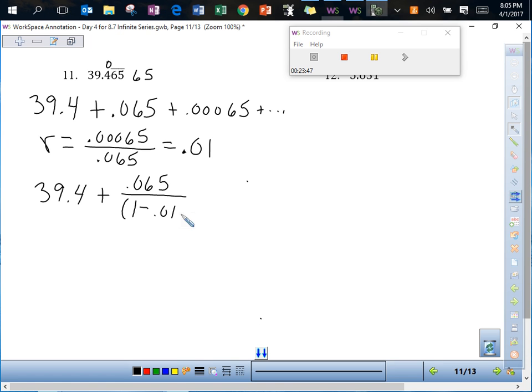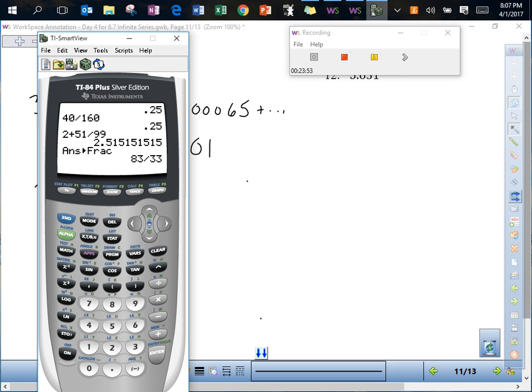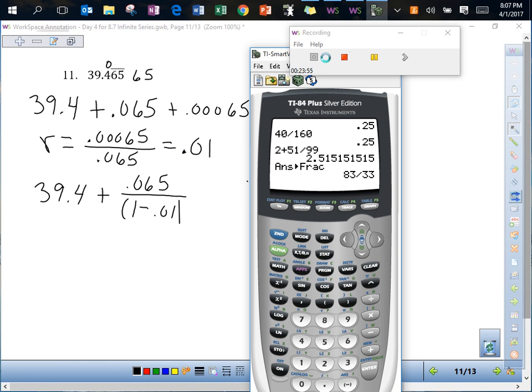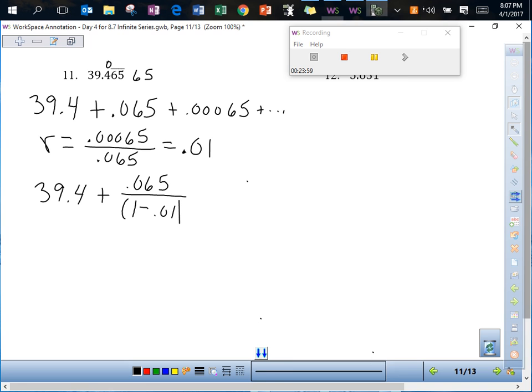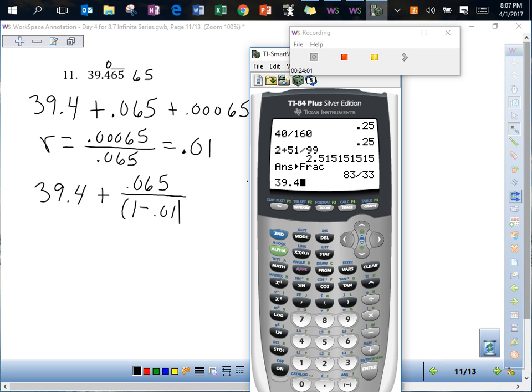Let's run that through our calculator now. So let's go 39.4 plus 0.065 divided by 1 minus 0.01.